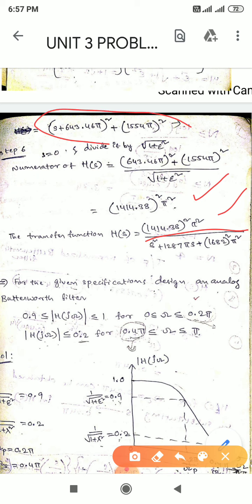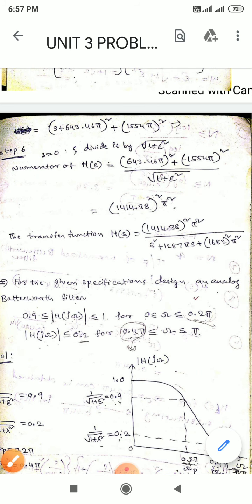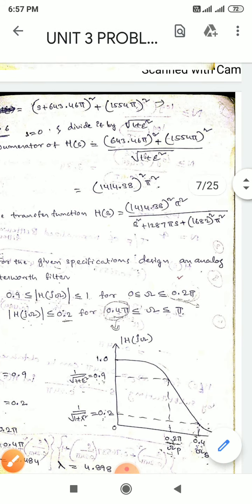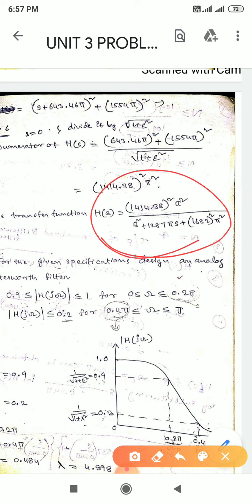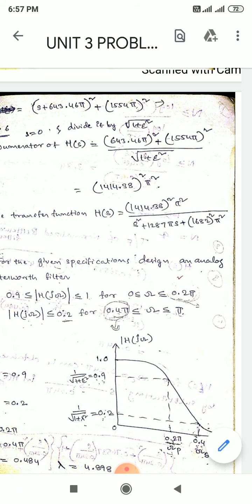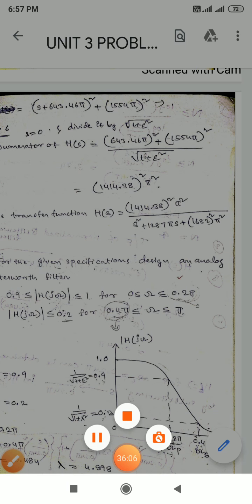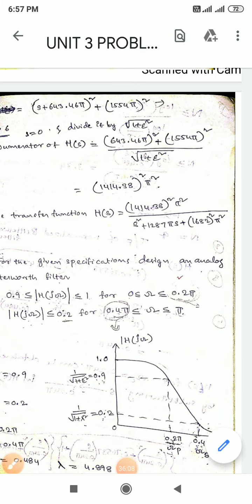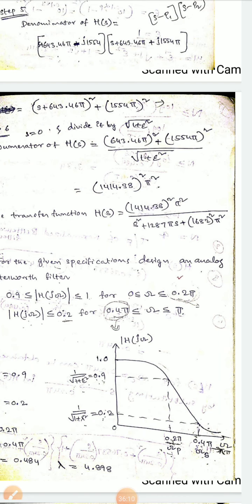We are substituting here. This equation gives the transfer function of the Chebyshev filter for the given specifications. Here this is about the problems on the Chebyshev filter.